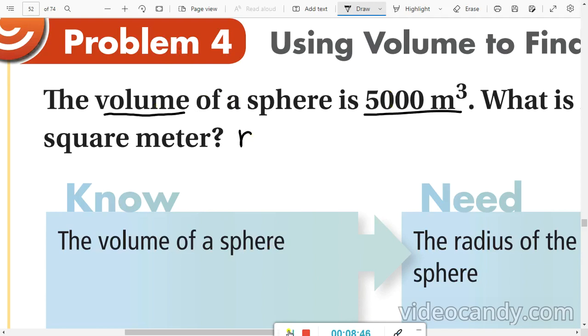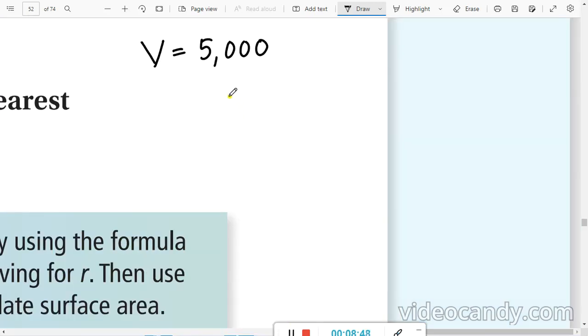Let's try it. All right, they told us that the volume of the sphere is 5,000. And the formula for that is 4/3 times pi times r cubed. All right, so we need to solve for r.